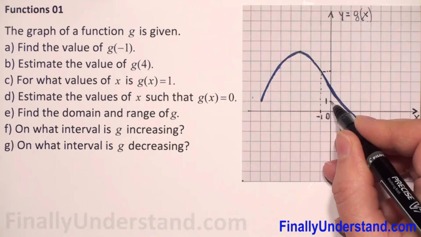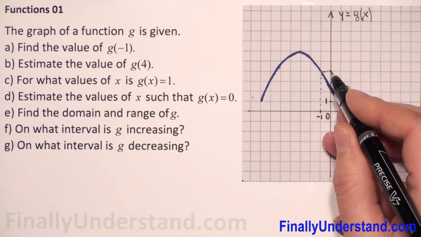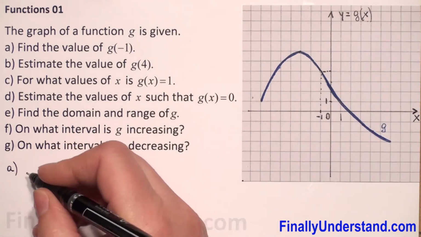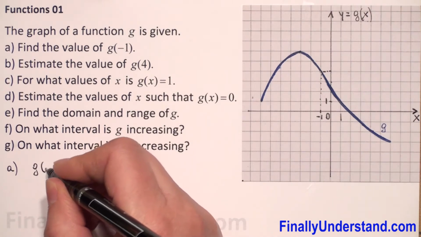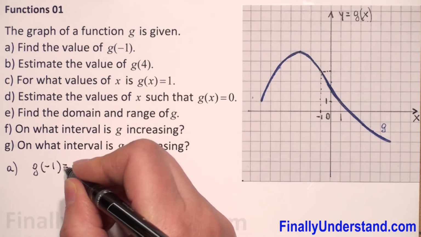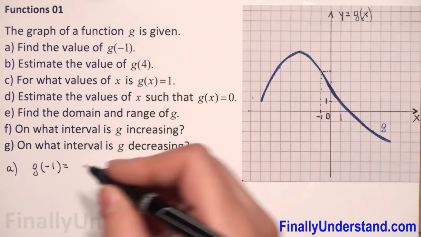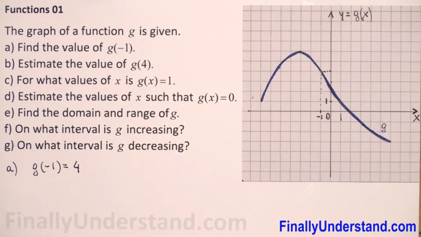So here is 1, 2, 3, 4. So we have the answer for the first question. g of -1 is equal, let's check one more time, 1, 2, 3, 4, is equal to 4.